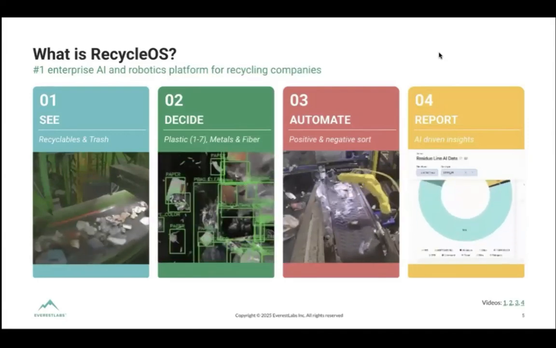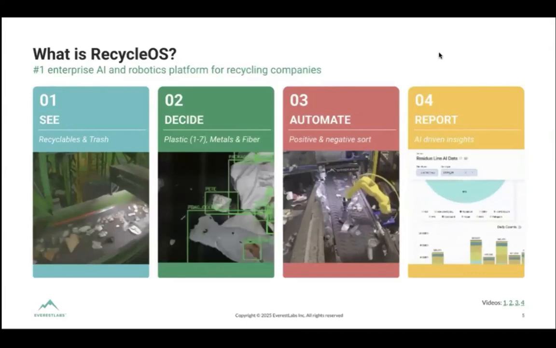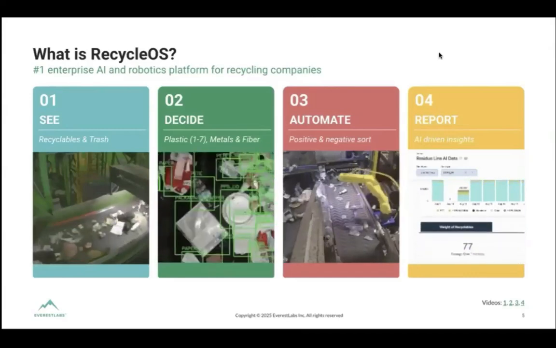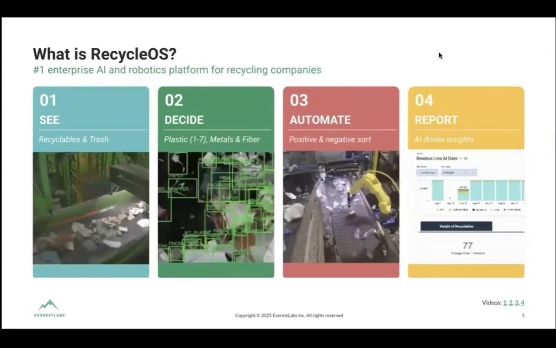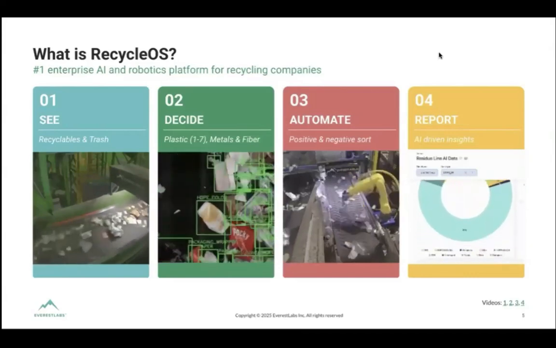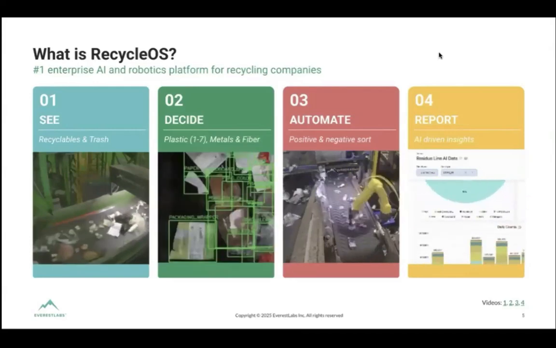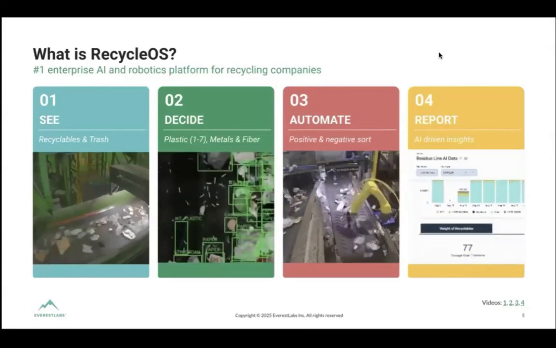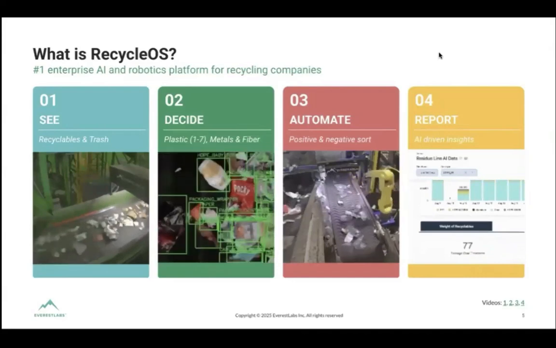This data can then be used in a few ways. Recycle OS can be installed as a standalone camera system where the data is leveraged to identify plant improvements and more. But the AI and data can also be used to instruct our robotic arms to then increase recovery and automate your sorting needs.